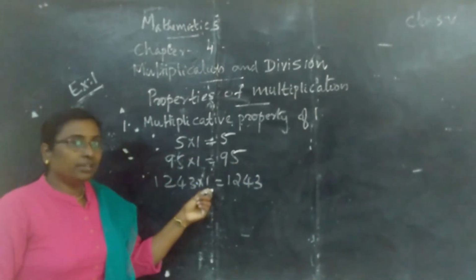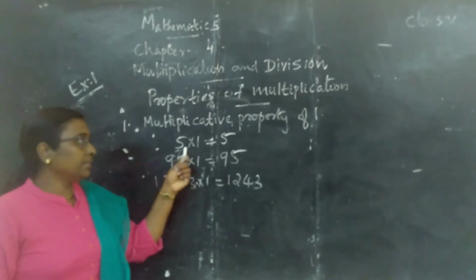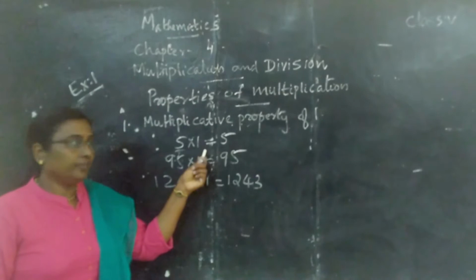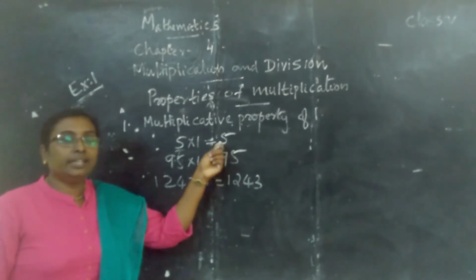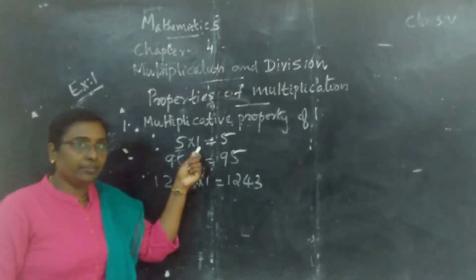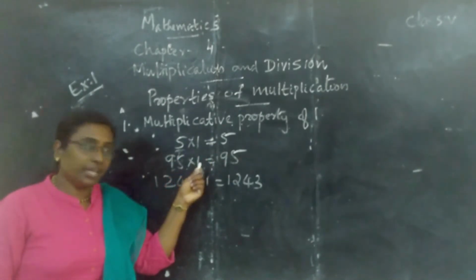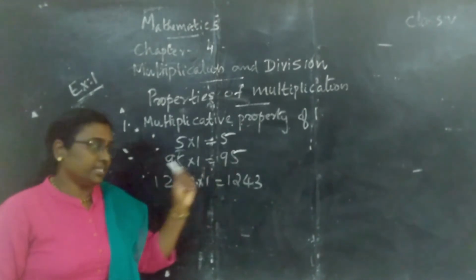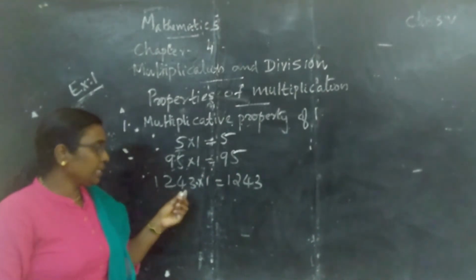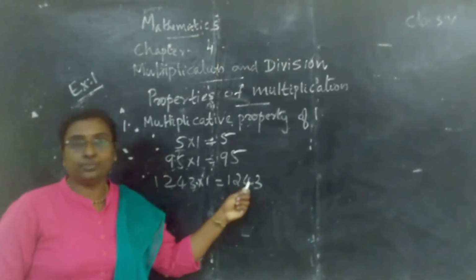From this we can say that when a number is multiplied by 1, we get the number itself. That is, if 5 is multiplied by 1, we get 5 itself. If 95 is multiplied by 1, we get 95 itself. If 1243 is multiplied by 1, we get 1243.